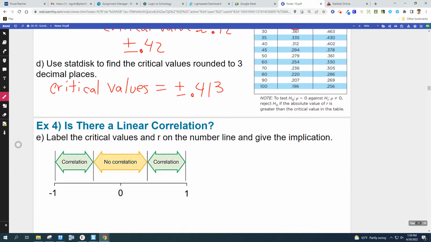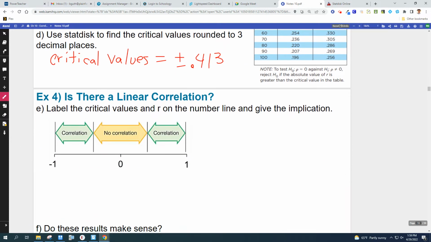So what does that mean? It takes us back to that number line. Remember how I said earlier that r had to be between -1 and 1? So here's a number line, and our critical values are right here at positive 0.413 and right here at negative 0.413.